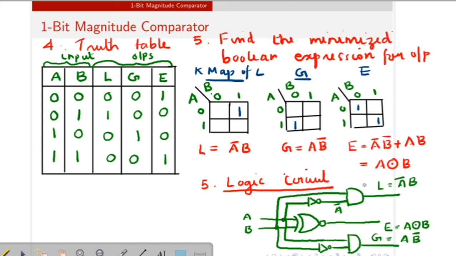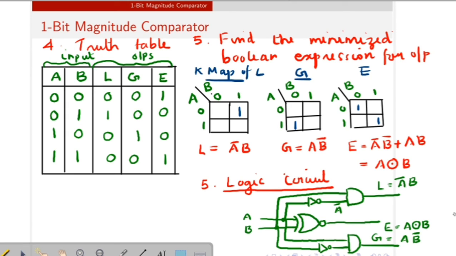If A less than B, the first number is less than the second number. Since it is a binary number, we have only two digits, 0 and 1, and 0 is less than 1, which means A bar B. A greater than B means the first number is greater than the second number, that is A B bar. Clear?